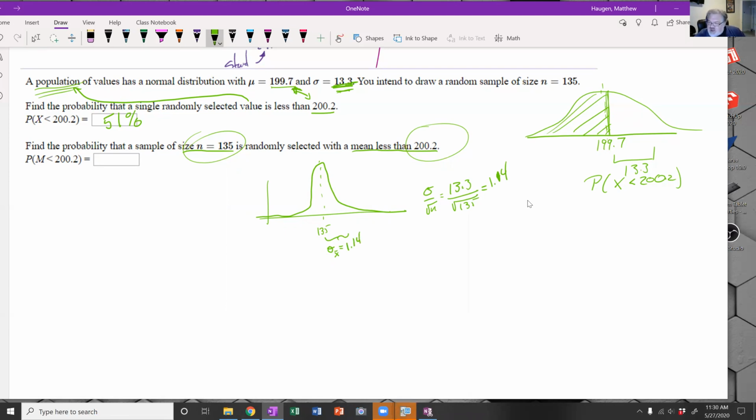So instead of having the one standard deviation cut at 13 and having that 200.2 be way far in, our standard deviation is now only 1.14.